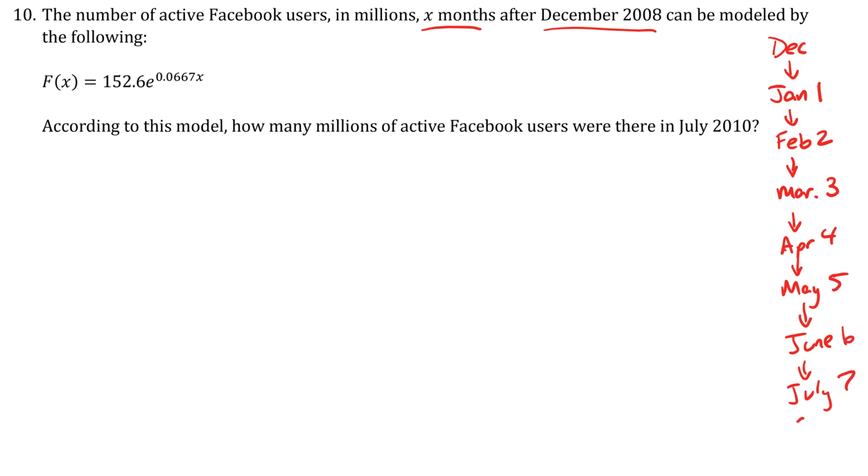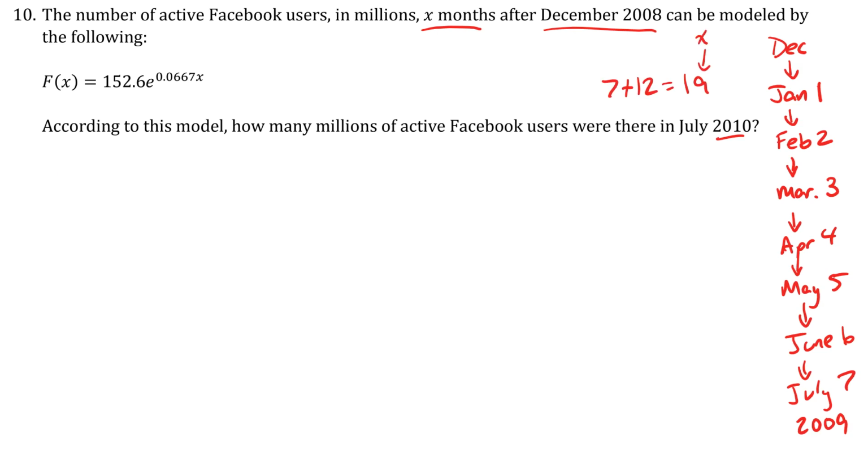All right, that would still be in 2009 though. We want July 2010. So it would be the 7 months plus an entire year, which is 12 months. So we're looking at a 19-month difference. All right, so that's going to be our x.